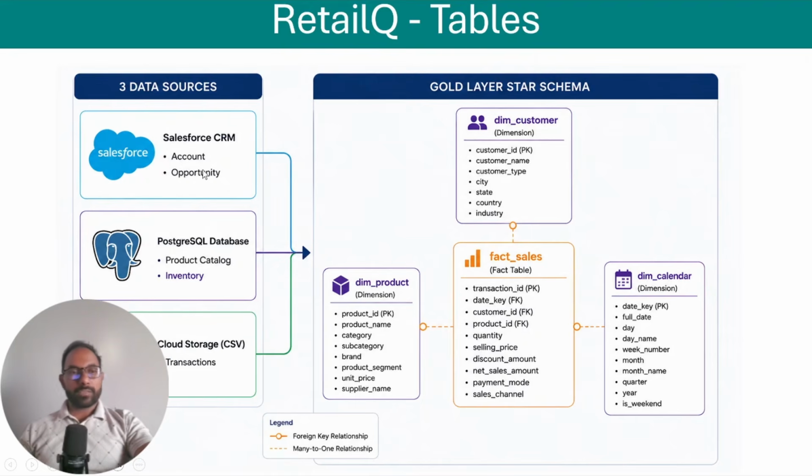So in terms of Salesforce, we call it opportunity, but these are nothing but the orders which have been placed against those accounts or customers. So that opportunity table and the transactions table, these two we are going to join and then build our fact sales table, so that this will become our central table for the star schema.